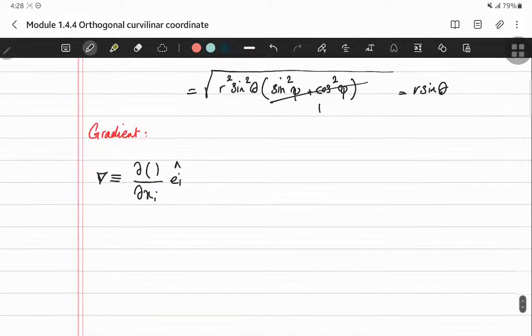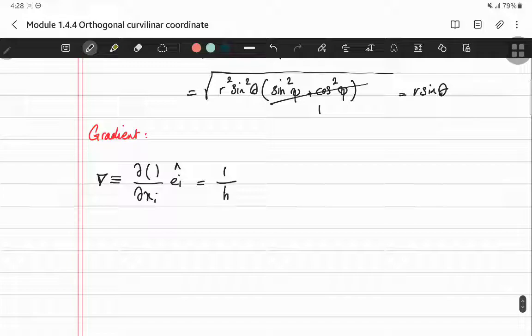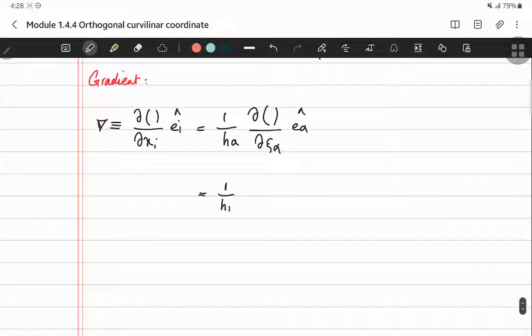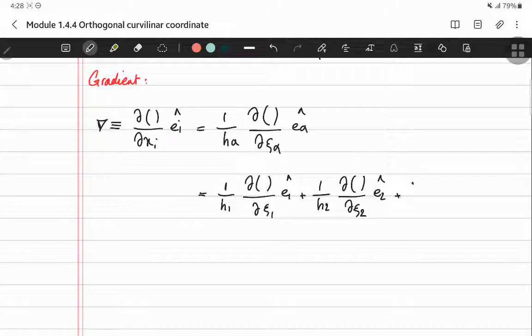Here it is basically 1 over h alpha, partial derivative of that operator with respect to z alpha e alpha, which actually becomes 1 over h1, partial derivative with respect to z1 e1, plus 1 over h2, partial derivative of what we want with respect to z2 e2, plus 1 over h3, partial derivative with respect to z3 e3.